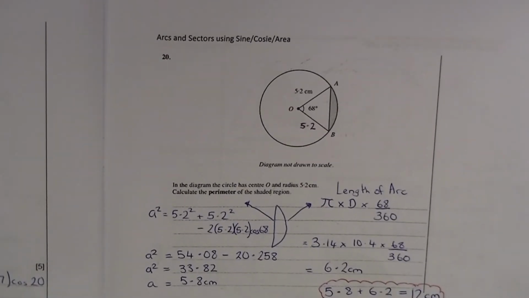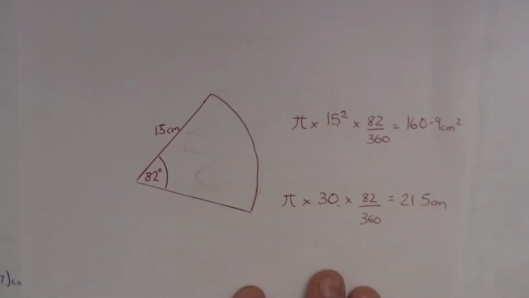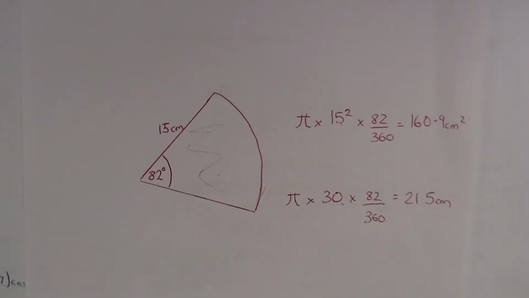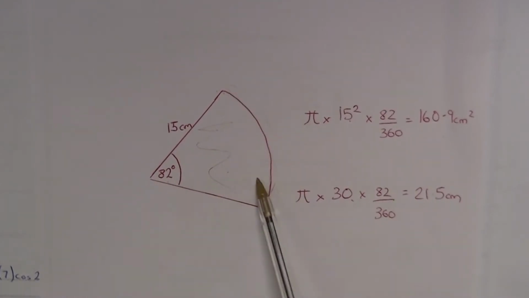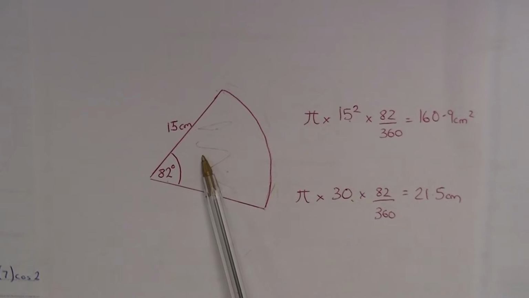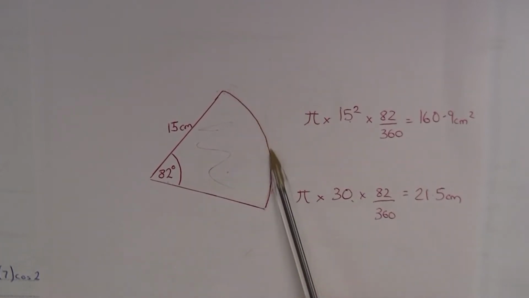Arcs and sectors. Just in the last video I introduced this, but let me remind you of what's going on. A pizza slice taken out of a circle is called a sector. On the outside of that pizza slice is an arc.